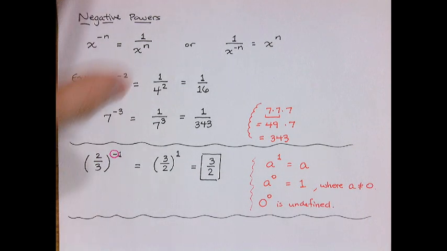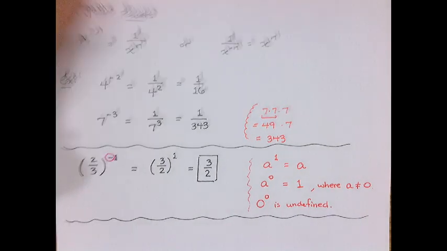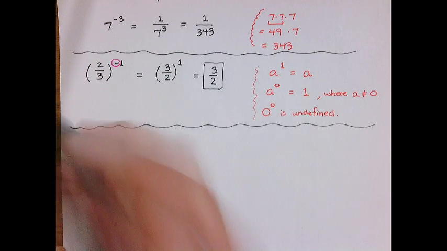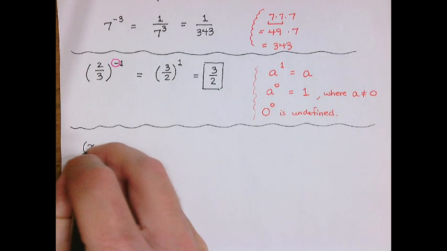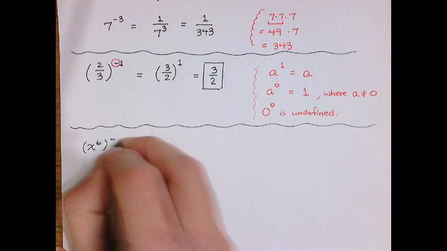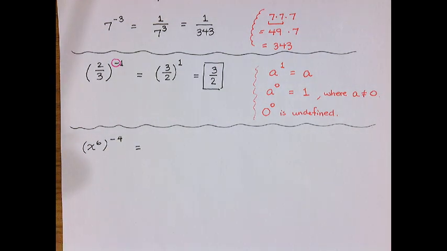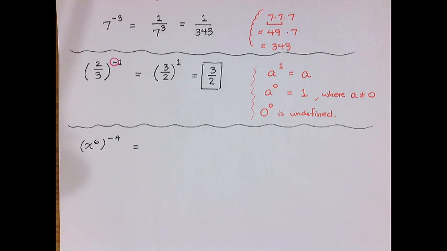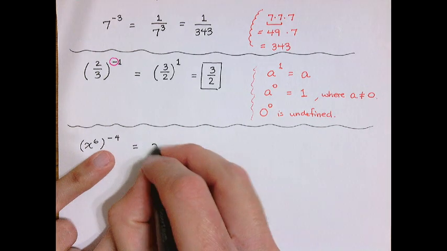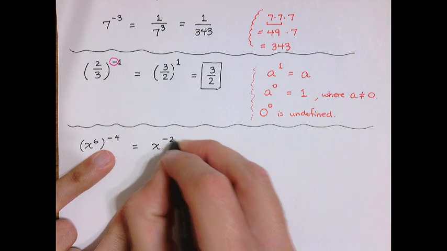All right, let's try to put all this stuff together and see what we can come up with. If I take x to the 6th to the negative 4th power, the first thing that we need to recognize here is that we have a power to a power. And when you have a power to a power, that means you have to multiply those powers. So 6 times negative 4 is just negative 24.